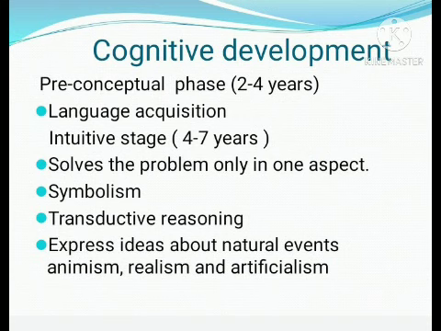Next is artificialism. The child believes that everything happens in the objects for the purpose of satisfying human needs. They identify every object with a purpose. Example, a chair is to sit on, so if anybody is keeping a leg on the chair, they may not allow it. The sun is shining. Why? Because the children want to play.